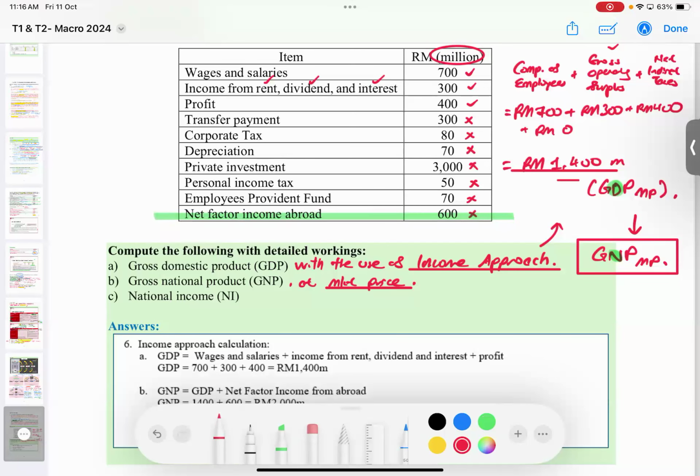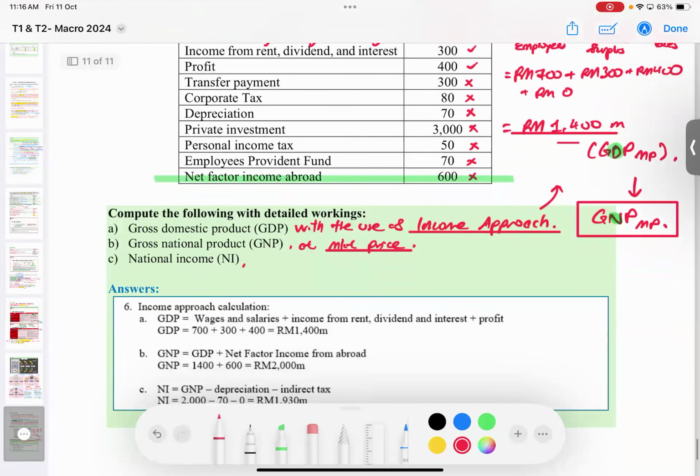Next question. Calculate national income. Let's say I give you a question at factor cost. So from GNP, you convert into national income. National income means net national product at factor cost.